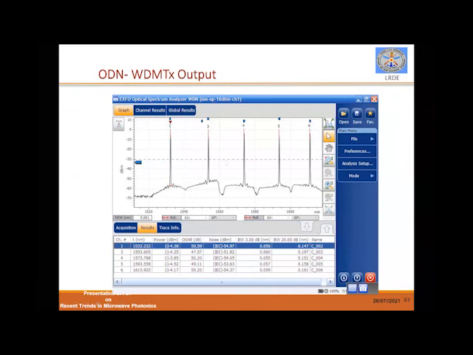When you are muxing 5 signals, 4 RF and 1 digital, you can see that each one has a separate wavelength, and based on the signal power, it is showing this OSA output. OSA is nothing but optical spectrum analyzer, where the x-axis is the wavelength and the y-axis is the power.